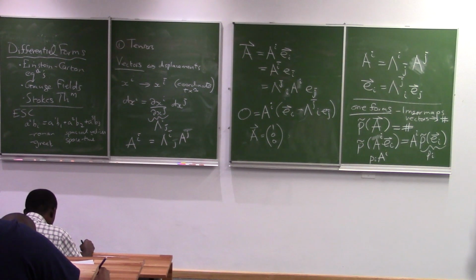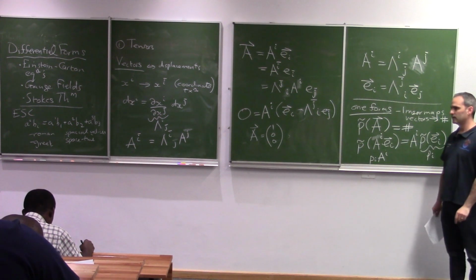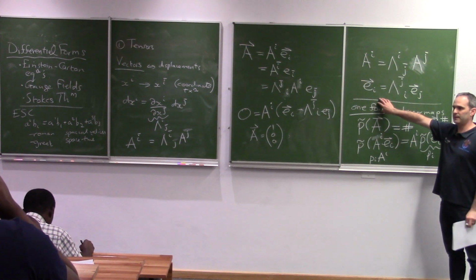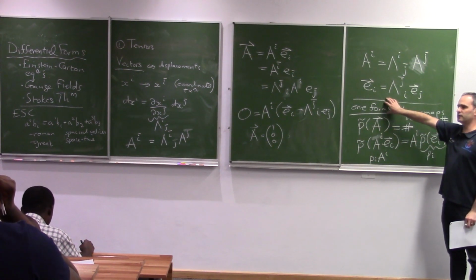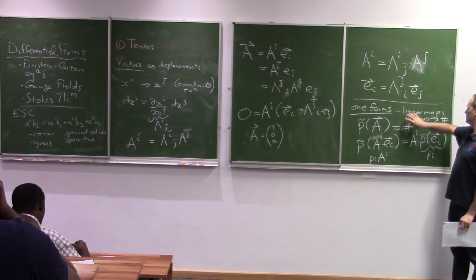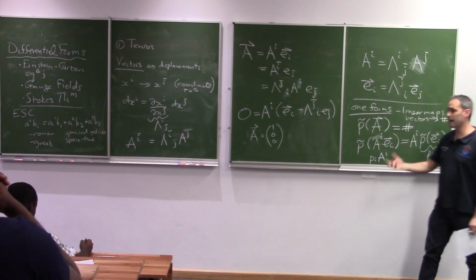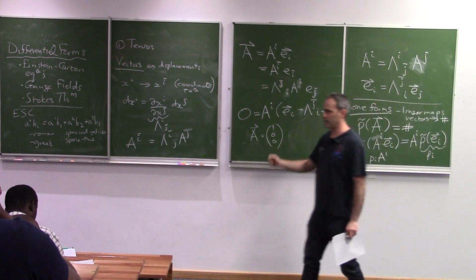Everybody happy? Yeah, question? That p_i, is that what's known as a dual vector? Yeah. Well, I'm calling it a one form. Other people call it a dual vector or a covector. It's the same thing. What people call a dual vector is actually this: a linear map which takes a vector to a number.